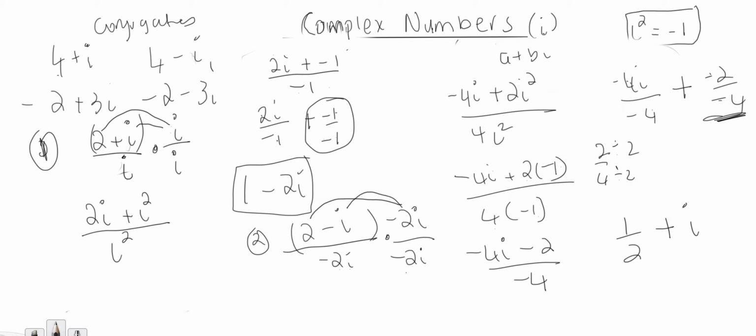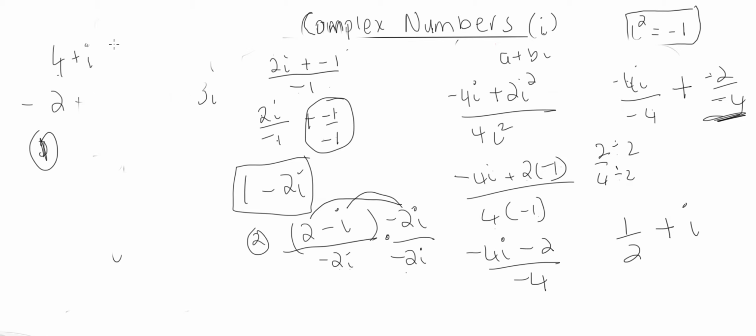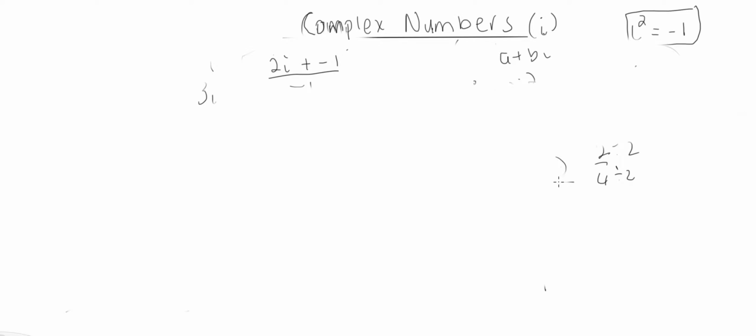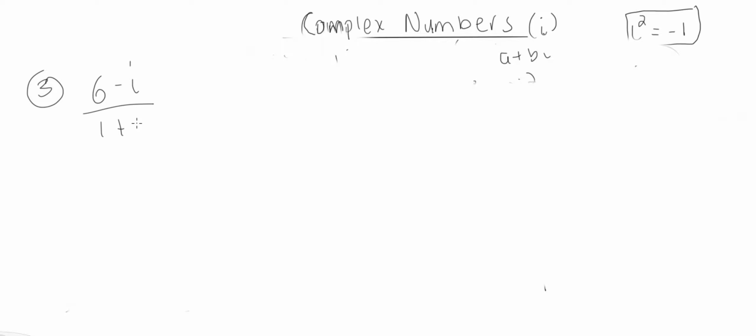All right, now let's do some examples and see what happens when we divide by a binomial. So if there's a plus in the denominator, this is where the conjugates will come in. Something like that. Actually, let me start a little bit easier, and then we'll build up to that one.